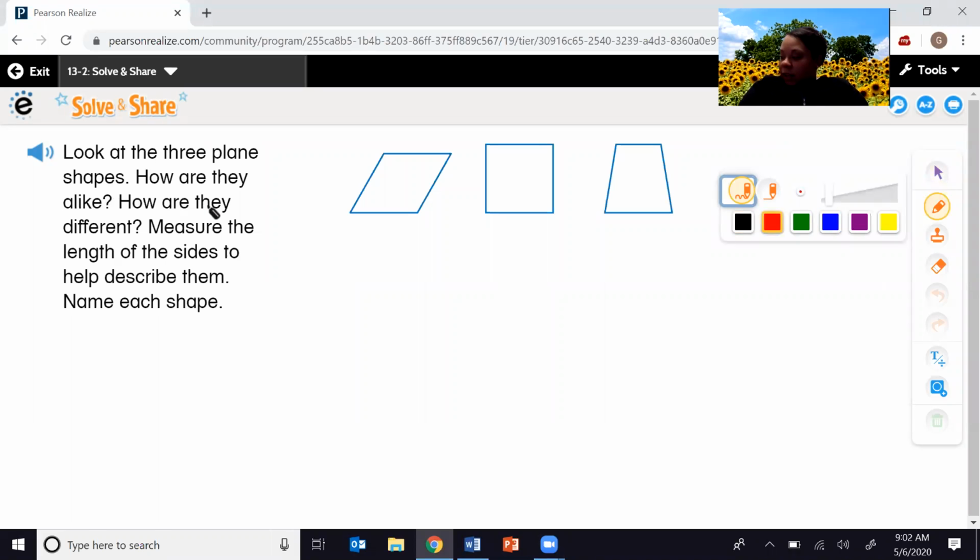So look at this. How are they alike? Give me just a minute. Okay. How are they alike?